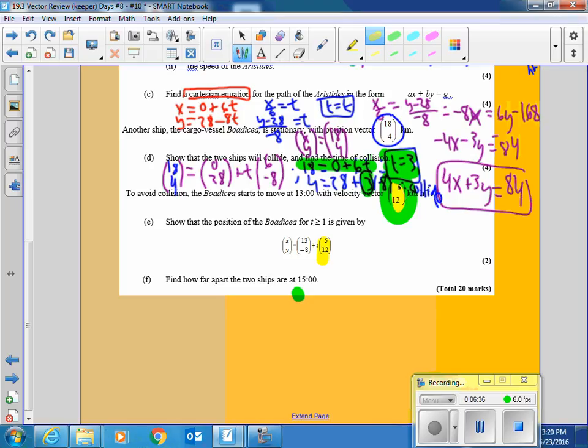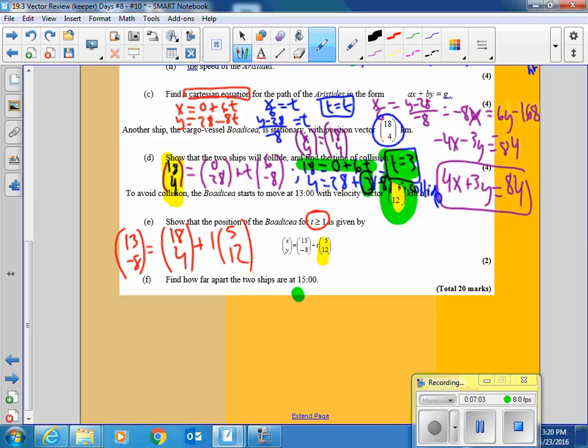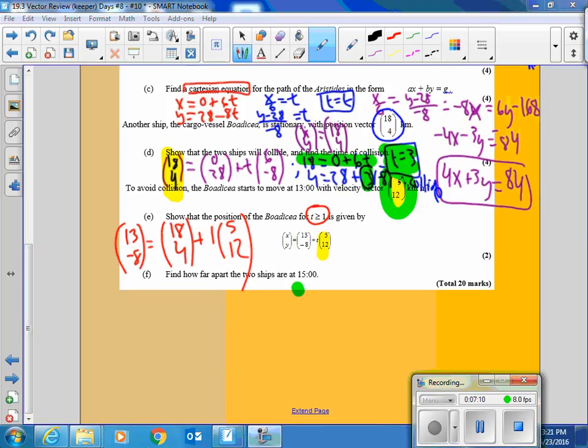And you might say, well, I thought this thing was sitting at (18, 4). How come it says (13, negative 8)? Well, the reason it says (13, negative 8) is that (13, negative 8) is what happens when you start at (18, 4) and subtract 1 hour of (5, 12).